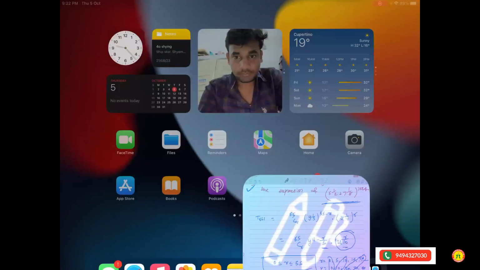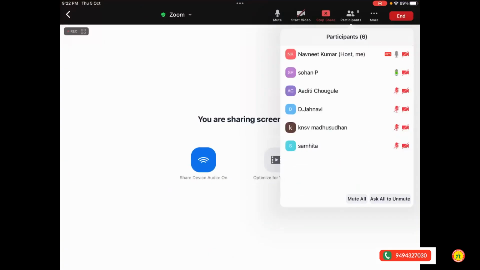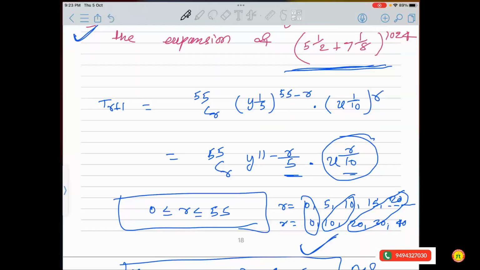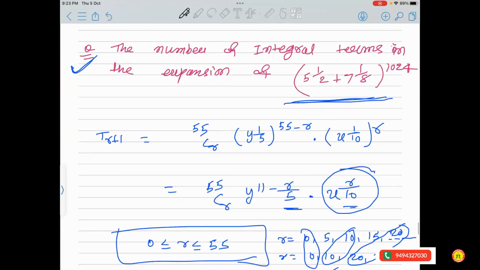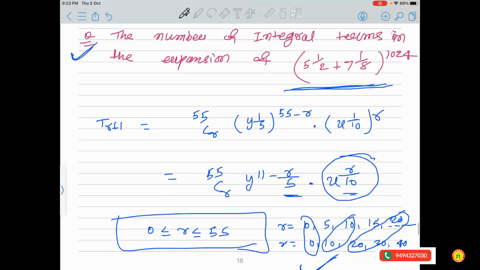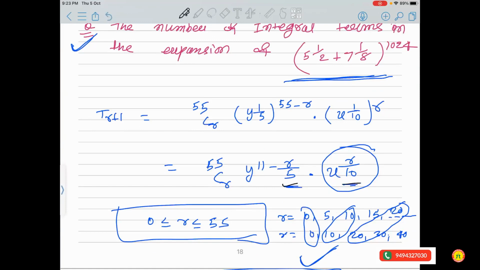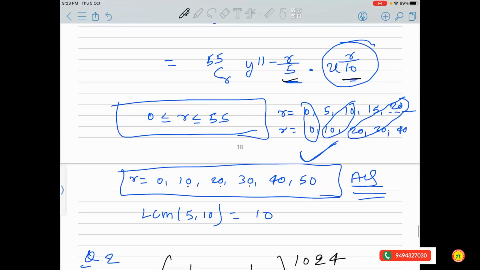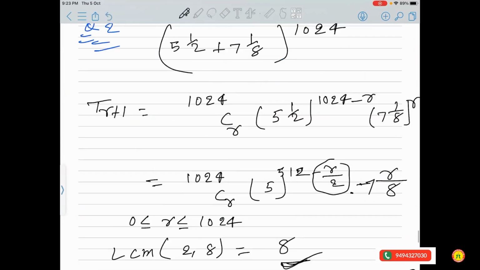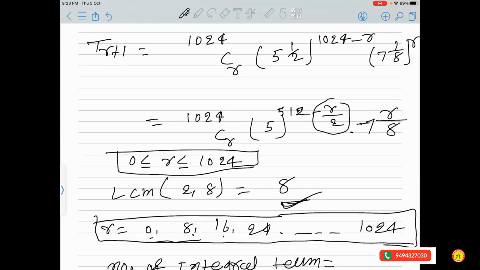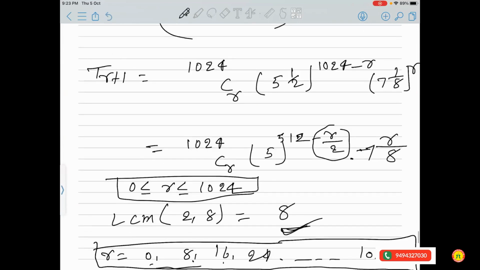Free from radical sign means and number of integral terms. Got it? How to answer this question? Write the Tr plus 1 term, right? And take the LCM of the denominators of r, and the LCM will give r. Like here r is from 0 up to 1024, and the LCM of 2 and 8 is 8.